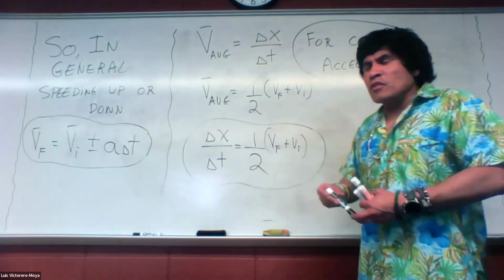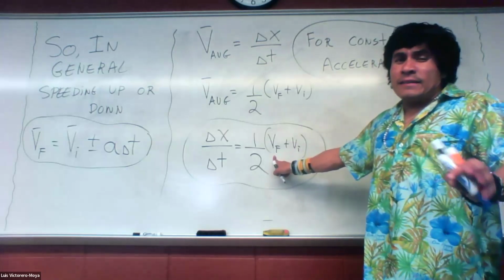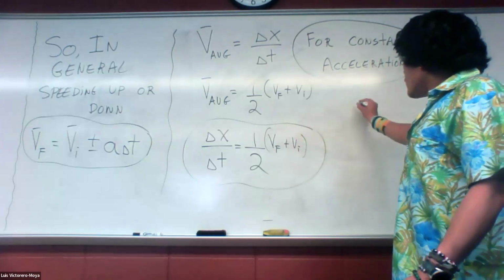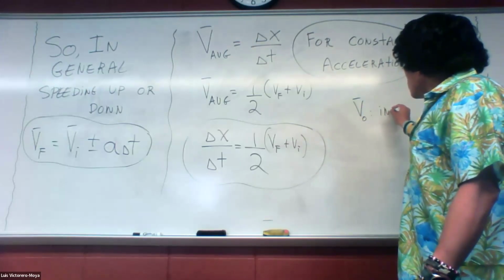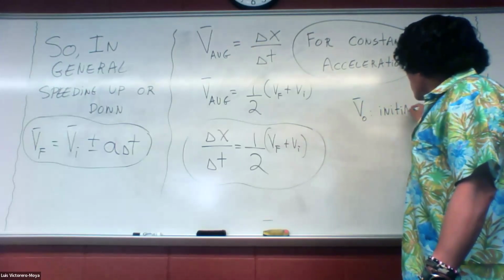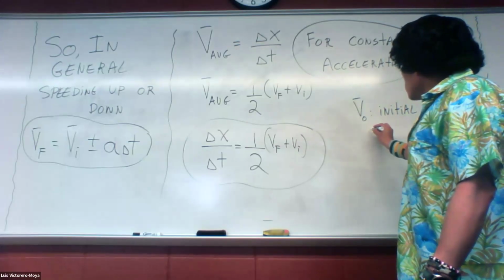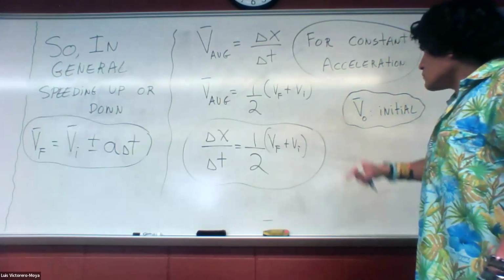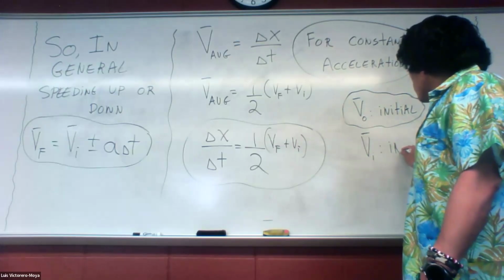By the way, guys, in terms of notation, I like to use VI and VF, but in the textbook and if you go online, sometimes they use V naught as initial velocity. So just keep that in mind. Both can be used as initial.